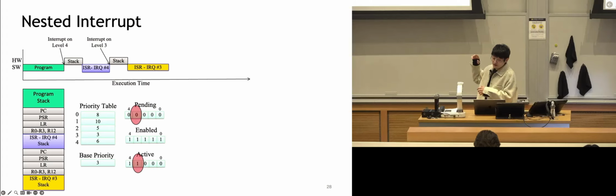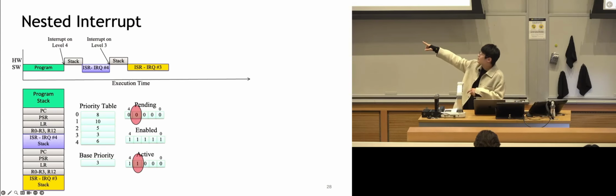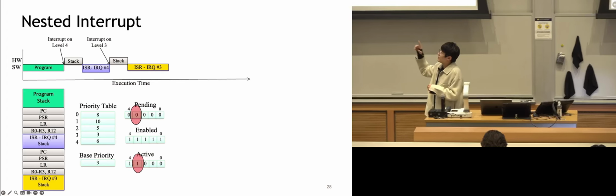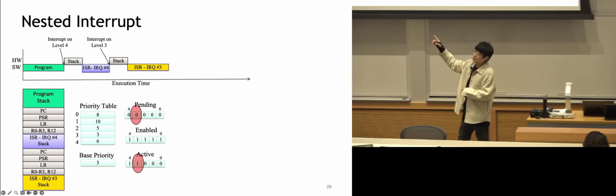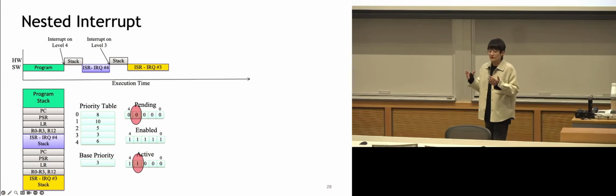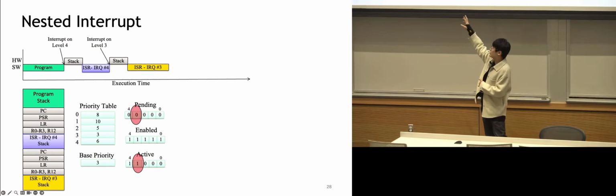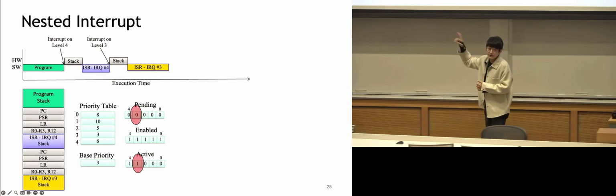And then the active bit is on for this index 3 interrupt. And because the index 4 interrupt was preempted during this process, the active bit for that is also on. So we could have more than one active interrupt.